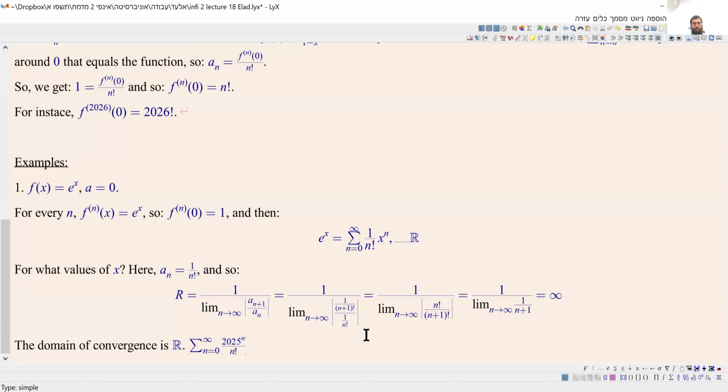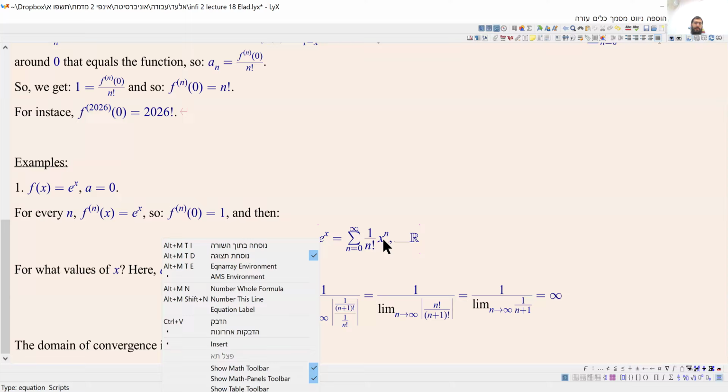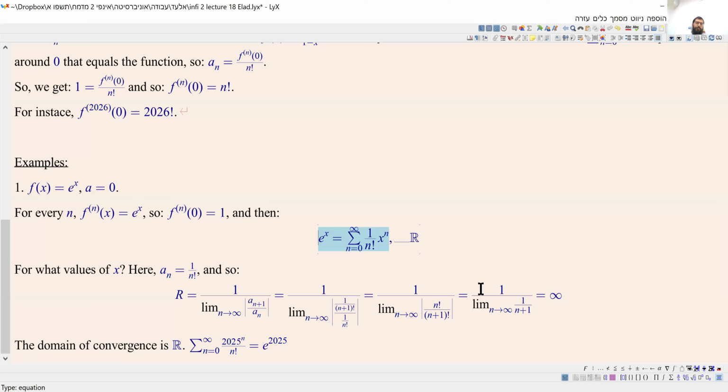I swear, it is e to the power of 2025, for example. Really? Yeah, it is for every number x. It works. Oh, right, yeah. So specifically for 2025.